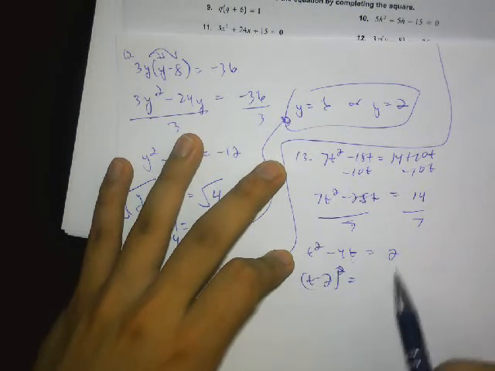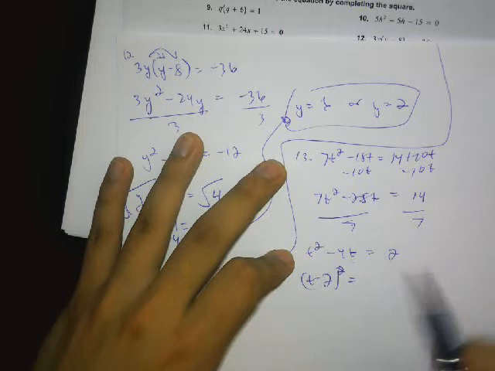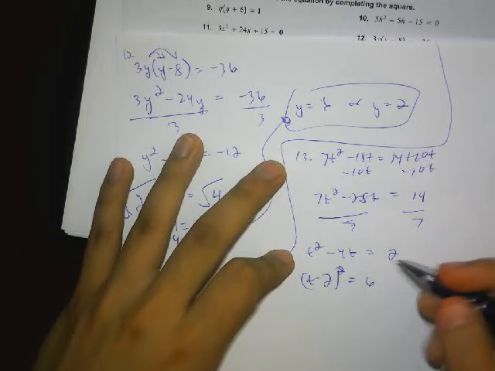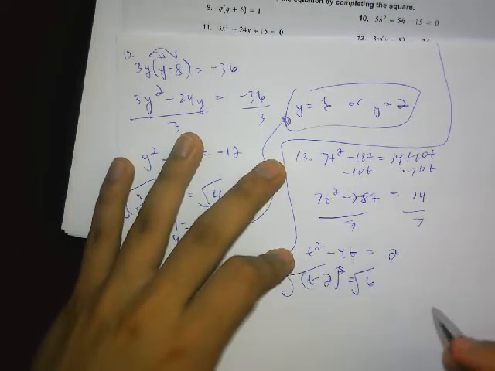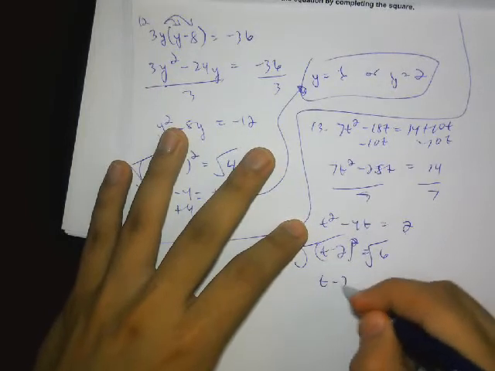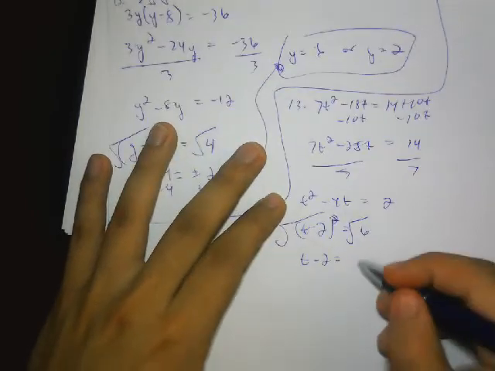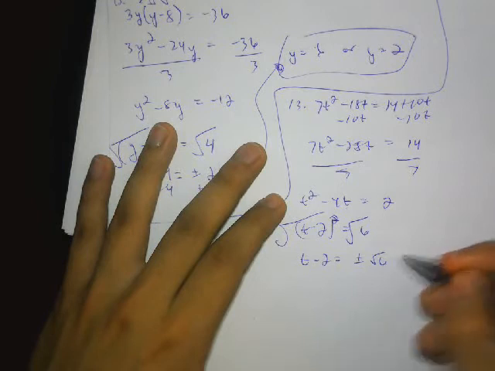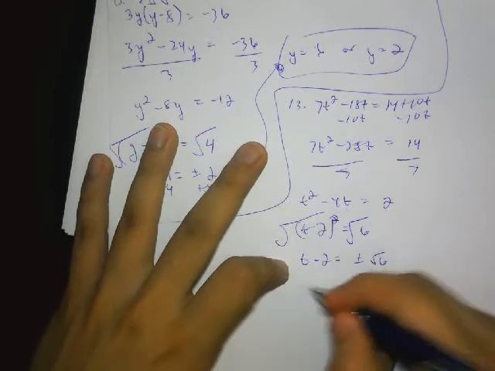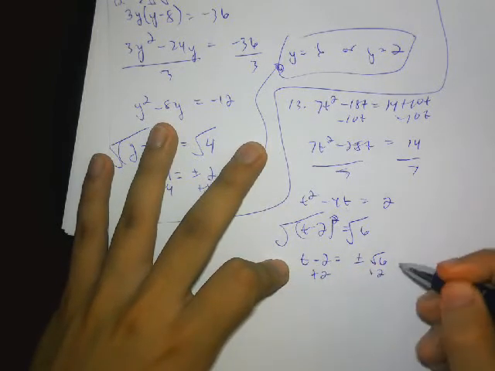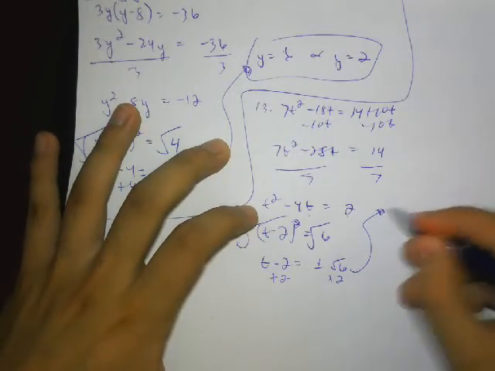And then add 2 to both sides. So my final answer is t is equal to 2 plus or minus the square root of 6. And it's getting easier. Alright, number 14.